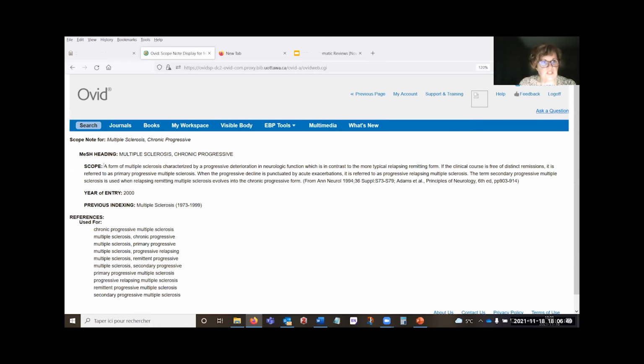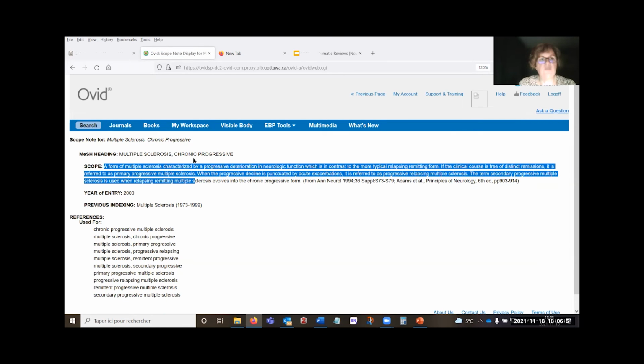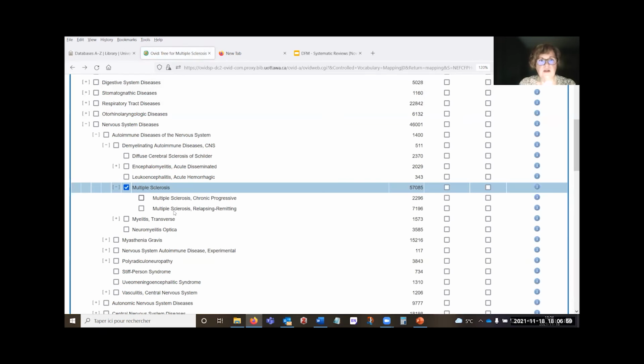What is their definition? It's a form of multiple sclerosis, et cetera. That is their definition, and that's the main reason why you want to go there. All of these subjects that you see in Medline have definitions, so sometimes it's good to have a look just to make sure, are we talking about the same thing?